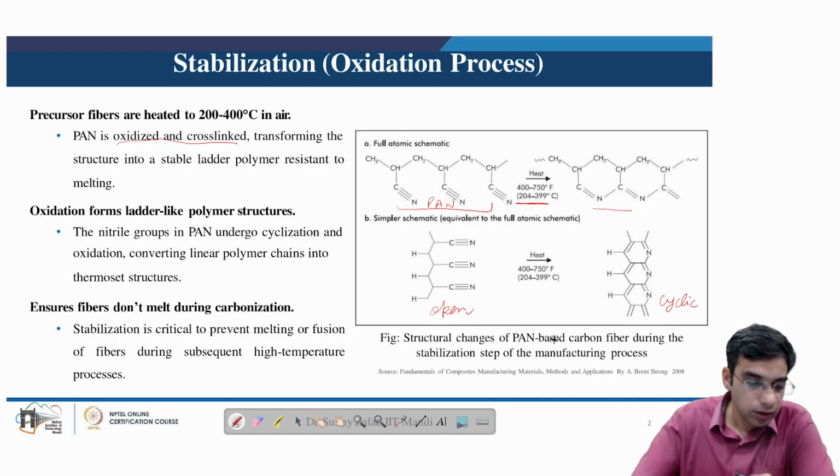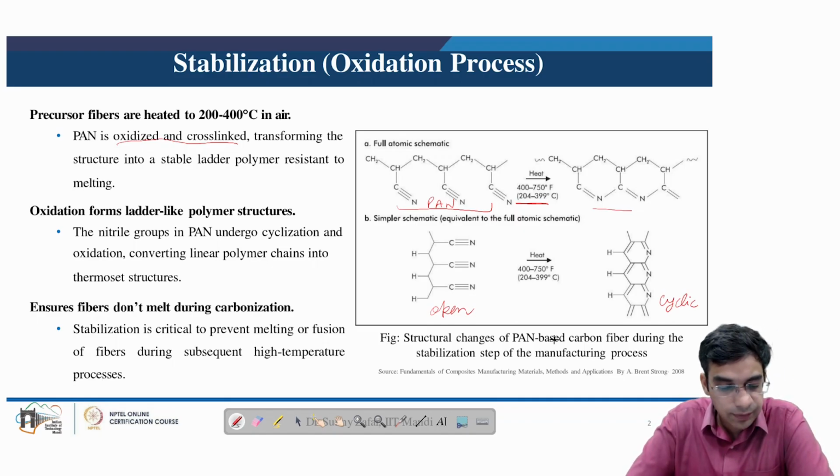We also need to ensure the fibers do not melt during the carbonization process. So this process is also known as the stabilization process, which is critical to prevent melting or fusion of the fibers during subsequent high temperature processes.